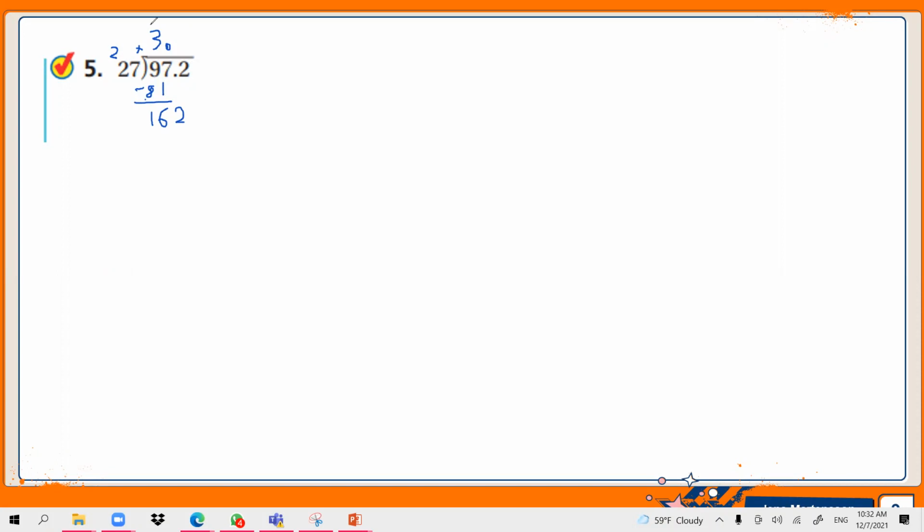4? No, I think it's greater than that. 5 times 7 is 35. Let's try 6. Because 6 times 7 is 42, and the ones here is 2 and the ones here is 2, so maybe it's working.